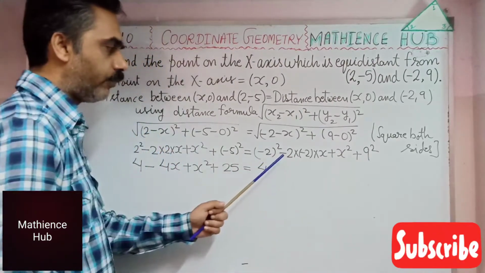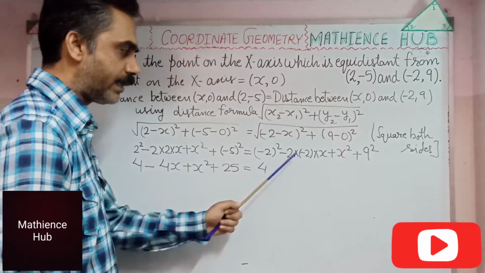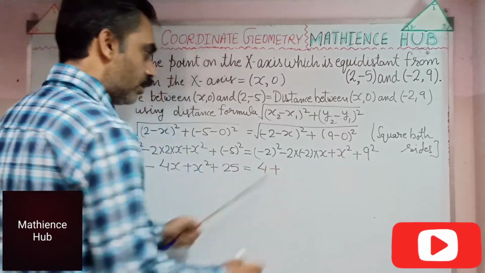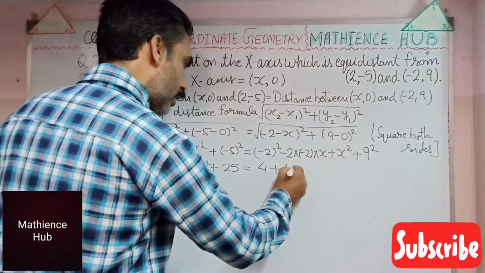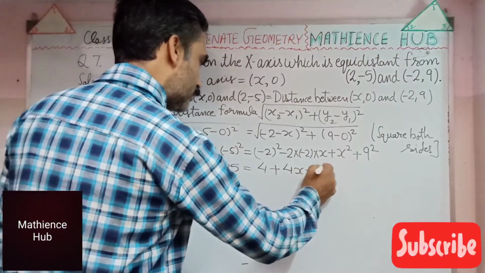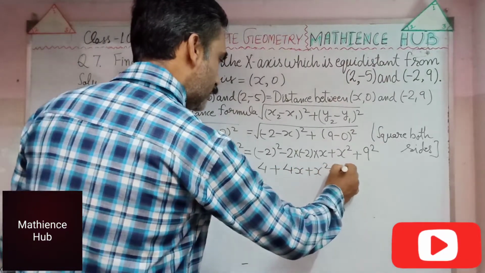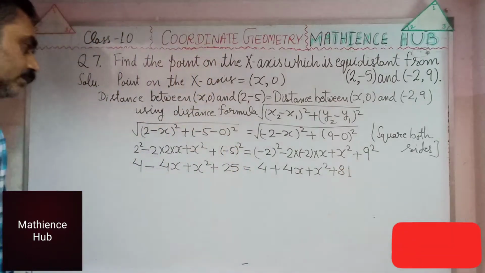You see very carefully, minus multiply minus, minus minus is plus, so plus 4x plus x square plus 9 square is 81.